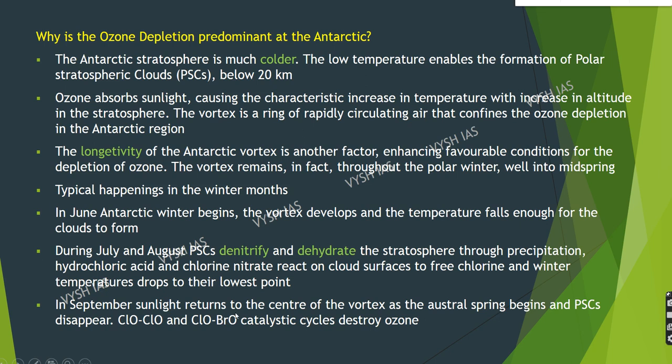In September, sunlight returns to the center of the vortex as the austral spring begins, and clouds disappear because of increasing temperature. ClO and the chain catalytic cycles destroy ozone. Chlorine oxide and bromine oxide catalytic cycles destroy ozone.